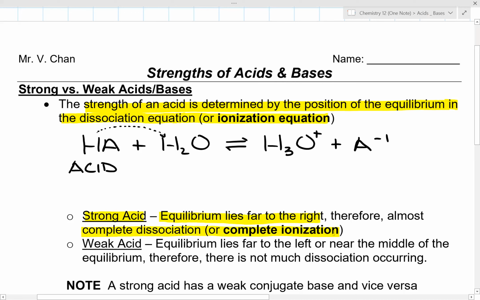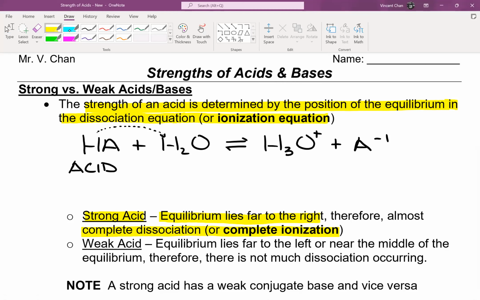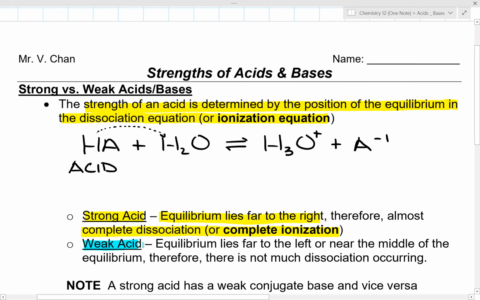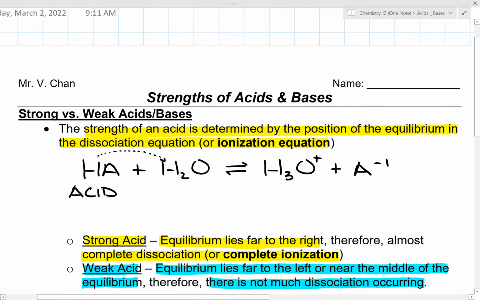You have lots of product. A weak acid is where the equilibrium lies far to the left or near the middle of the equilibrium. What happens is there is not much dissociation occurring.